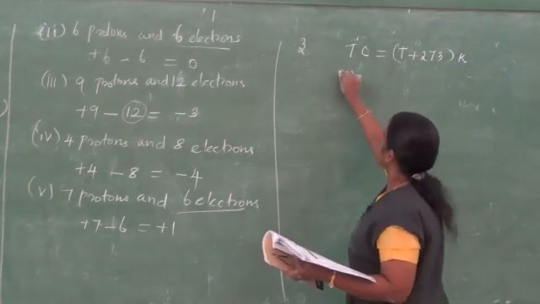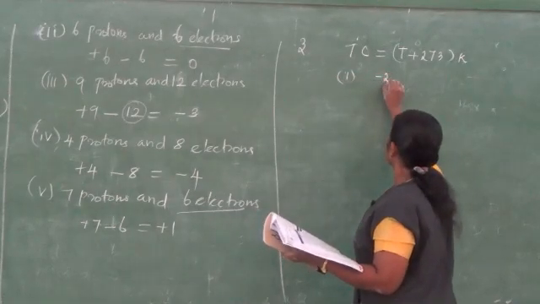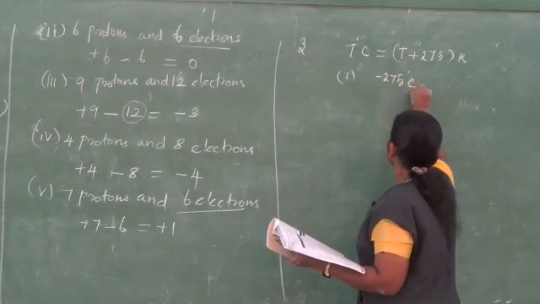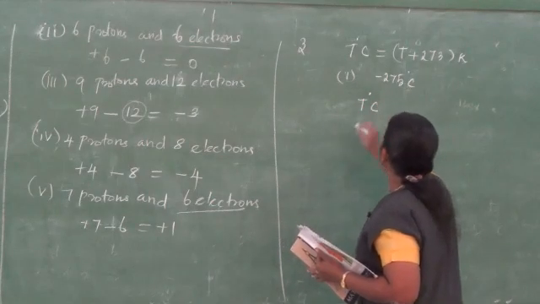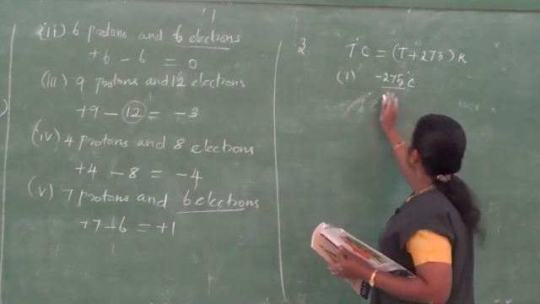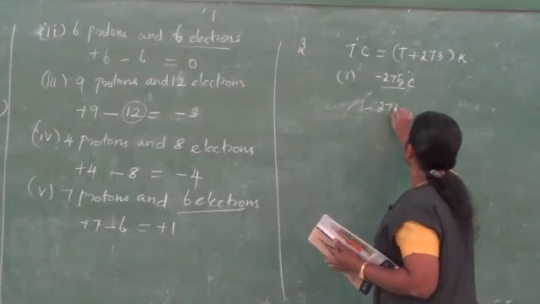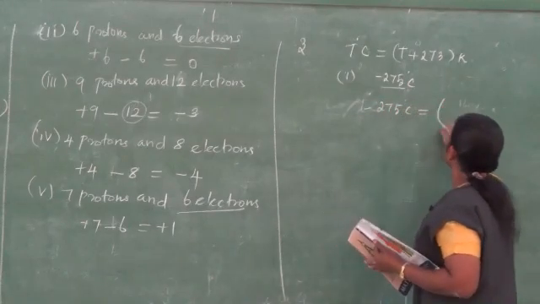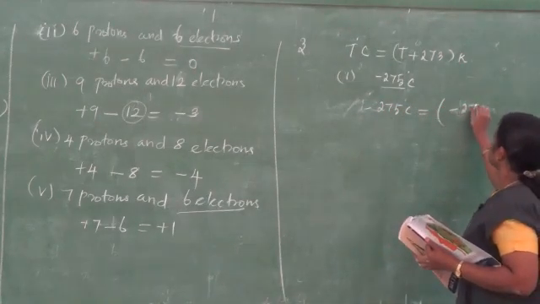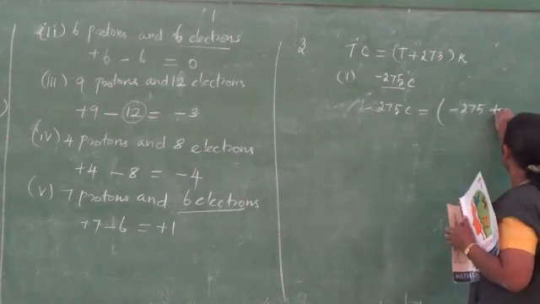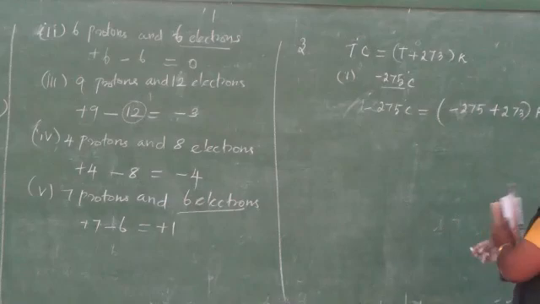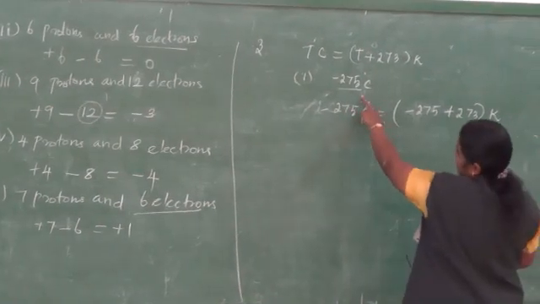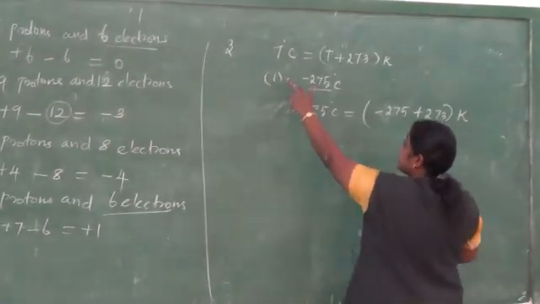What is the first Celsius given? Minus 275 degree C. So T degree Celsius is given here as minus 275 degree, that is equal to minus 275 plus 273 in Kelvin. Whatever Celsius is given to you, you should apply as the T value.